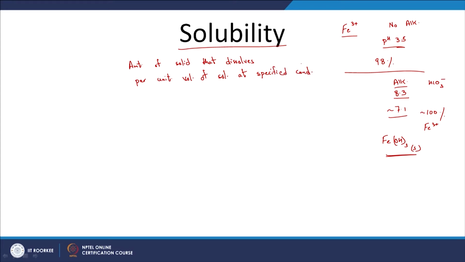So again, the amount of solid that would dissolve per unit volume of the solution, or more or less the total amount of your particular compound that would be in the solution. The amount of solid that dissolves would be equivalent to the total amount of your compound in the solution.